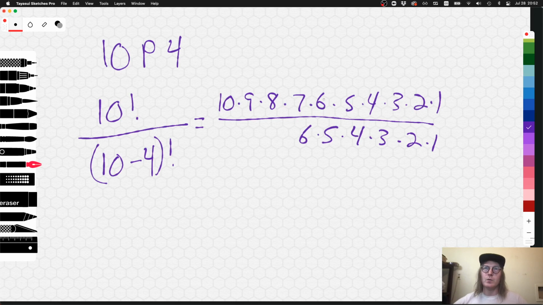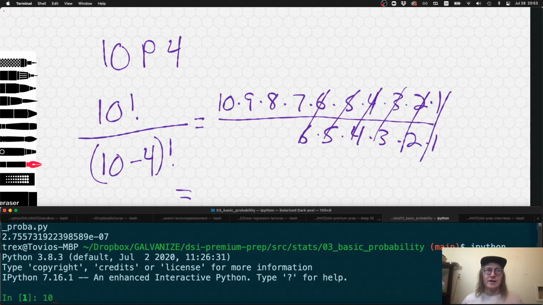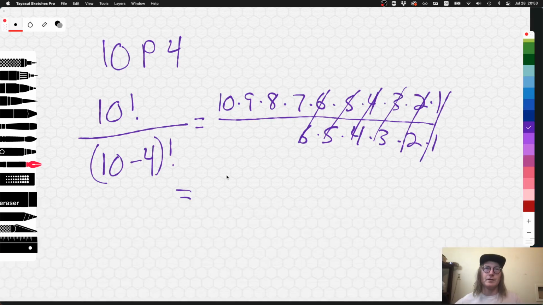And we can eliminate these, the 6, 5, 4, 3, 2, obviously the 1. And the result of this is going to be, 90, 720, I should just be able to do that in my head, but the result of that is going to be simply 10 times 9 times 8 times 7. So 5,040 different ways that we can permute 4 out of the 10.